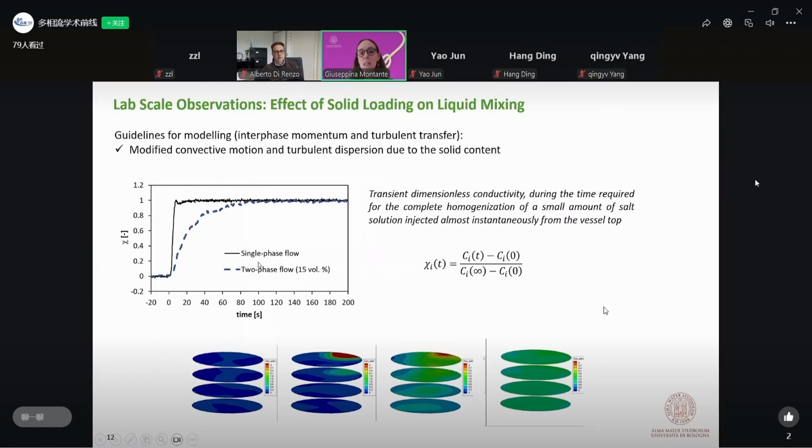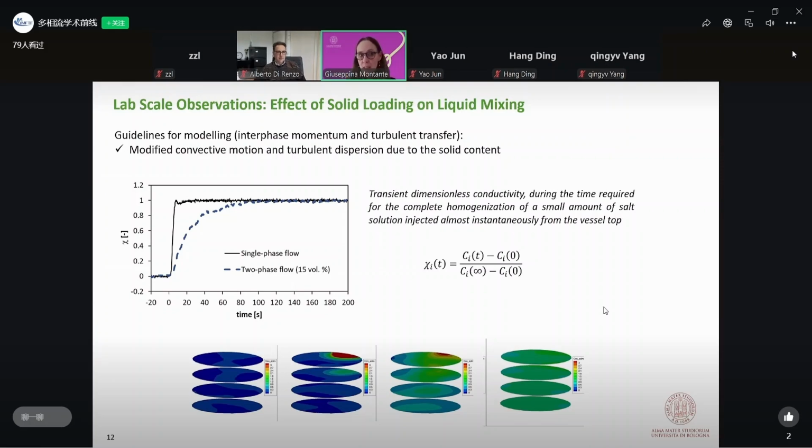Clearly, the solid particles in this case make the time required to obtain this complete homogenization much slower. And this is a characteristic that is very important to catch by computational fluid dynamics simulation, because of course in a reactor, the time required for a reactant to distribute inside the reactor is particularly important.